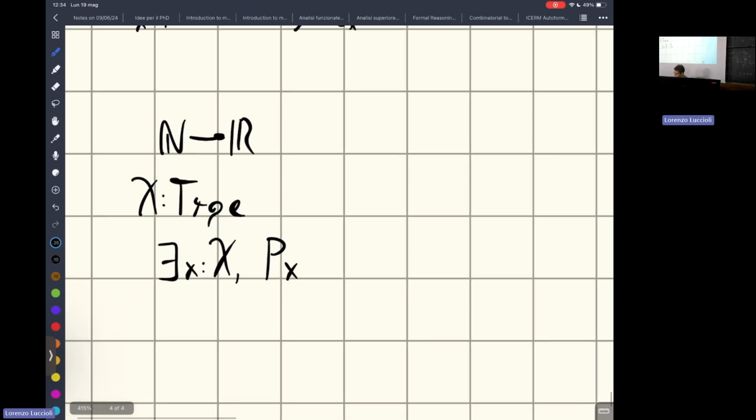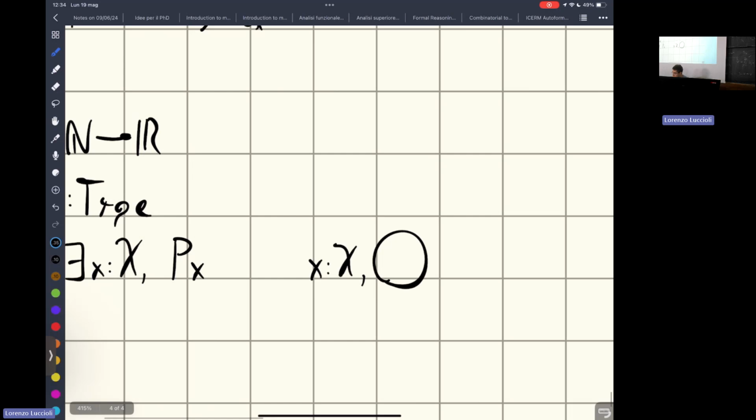For this, we have to provide basically a pair of an element of X and a proof of P of x. So we have to provide a pair, but that's not a Cartesian product because the second element is not of a fixed type, because it depends on the first element. That's basically a dependent type, okay? Because the second part of the type depends on the element of the first type. And that's why it's called dependent type theory.